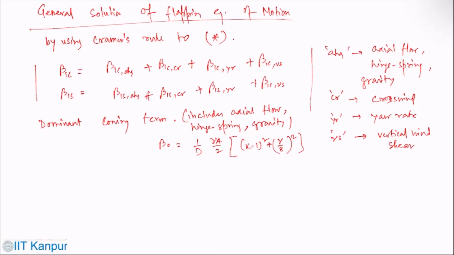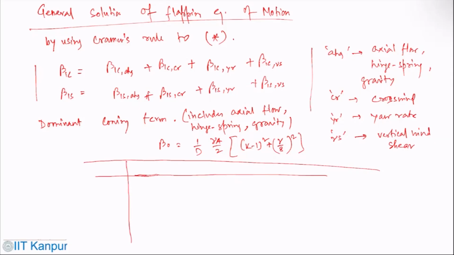Now if we put these things in a table, so this is AAG, CR, mu S, YR.